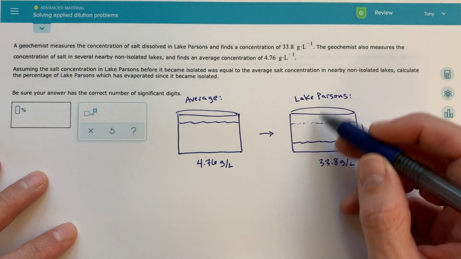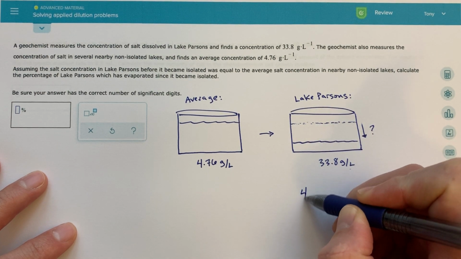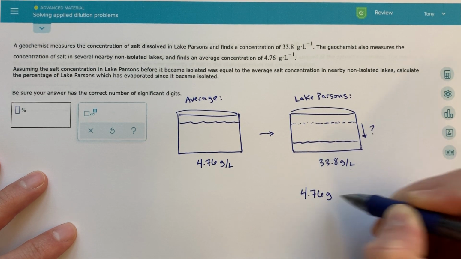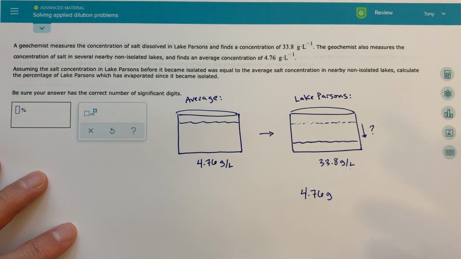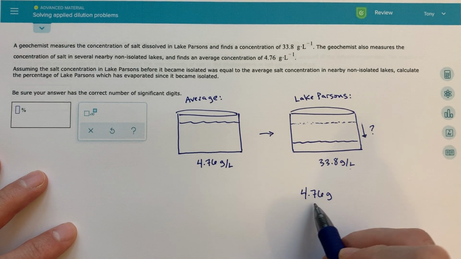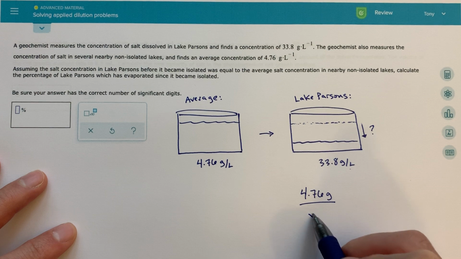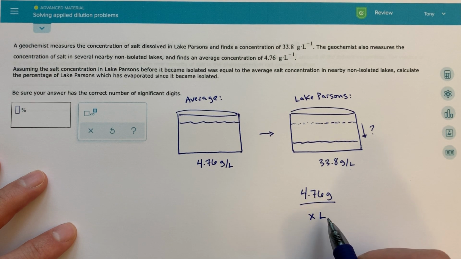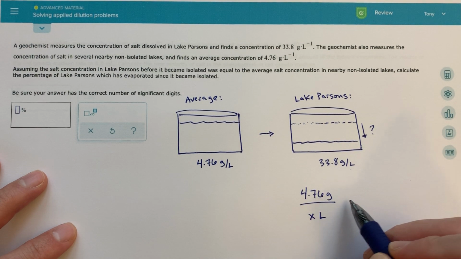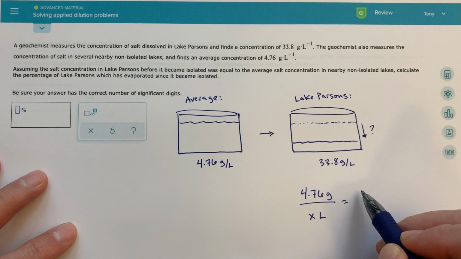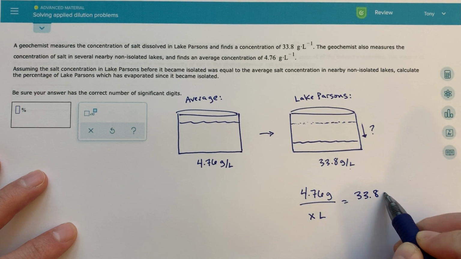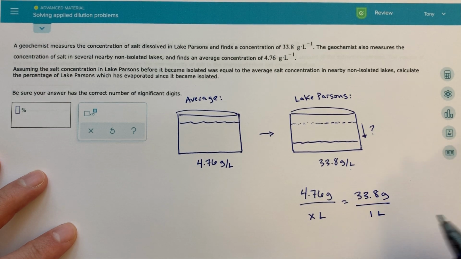If we say that Lake Parsons started at 4.76 grams of salt for every 1 liter, what we want to figure out is how many liters it's going to take to get to this 33.8 grams per liter. So I'm going to write 33.8 grams over 1 liter.